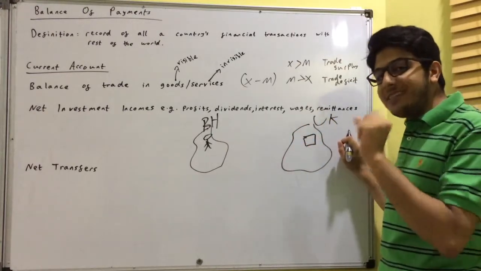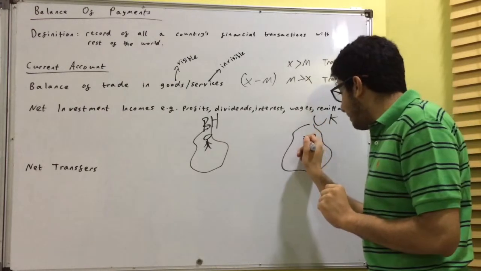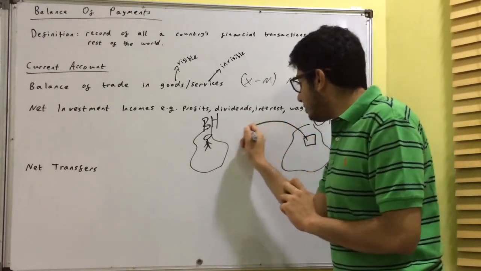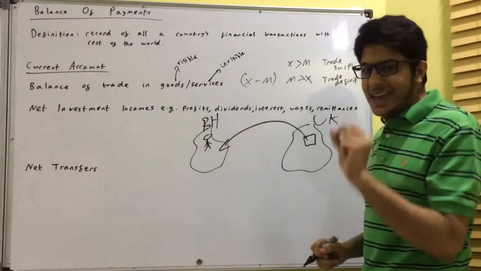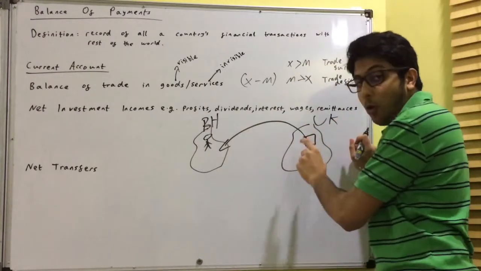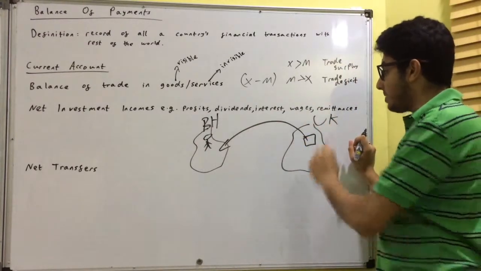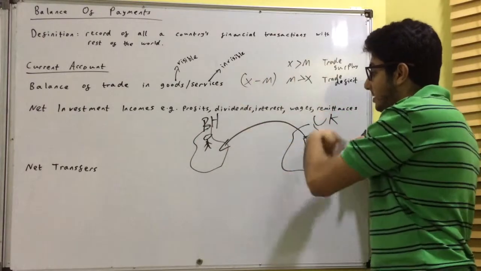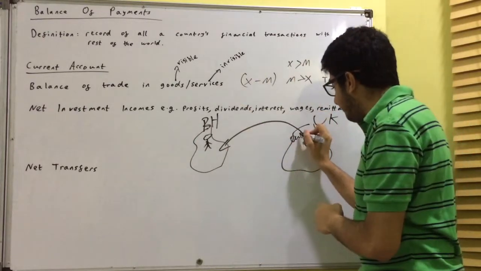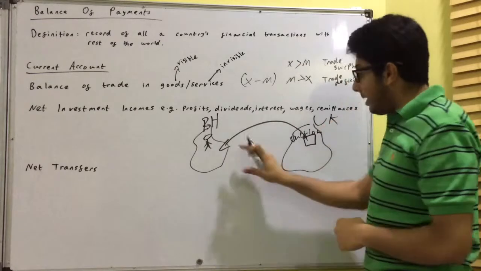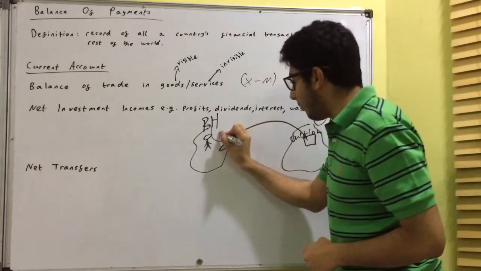That means I will receive dividends from that company based in the UK to Bahrain. I'm receiving income from the assets I hold in the UK. So in the balance of payments in the UK, that will be an outflow. In Bahrain, it'll be recorded as an inflow.